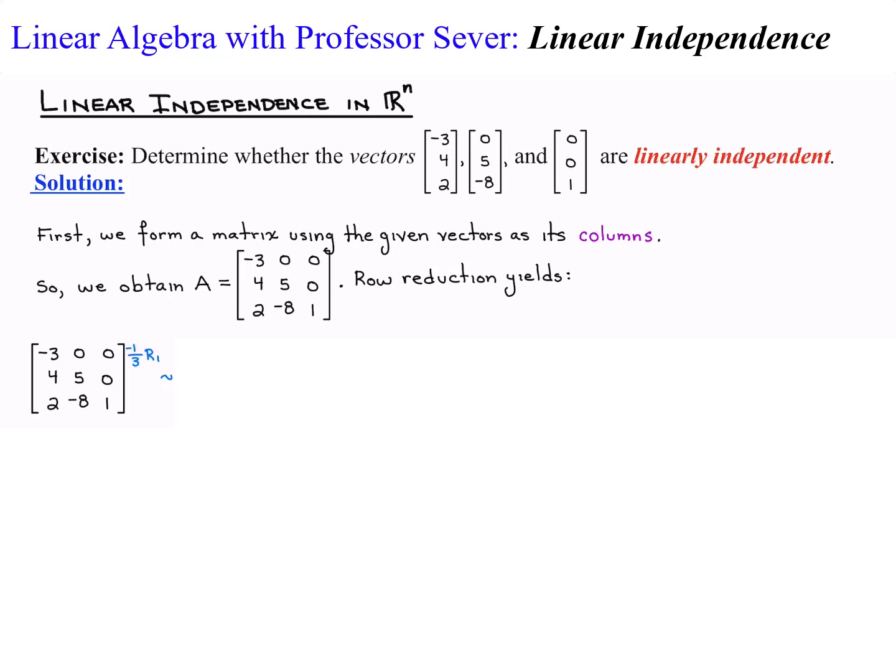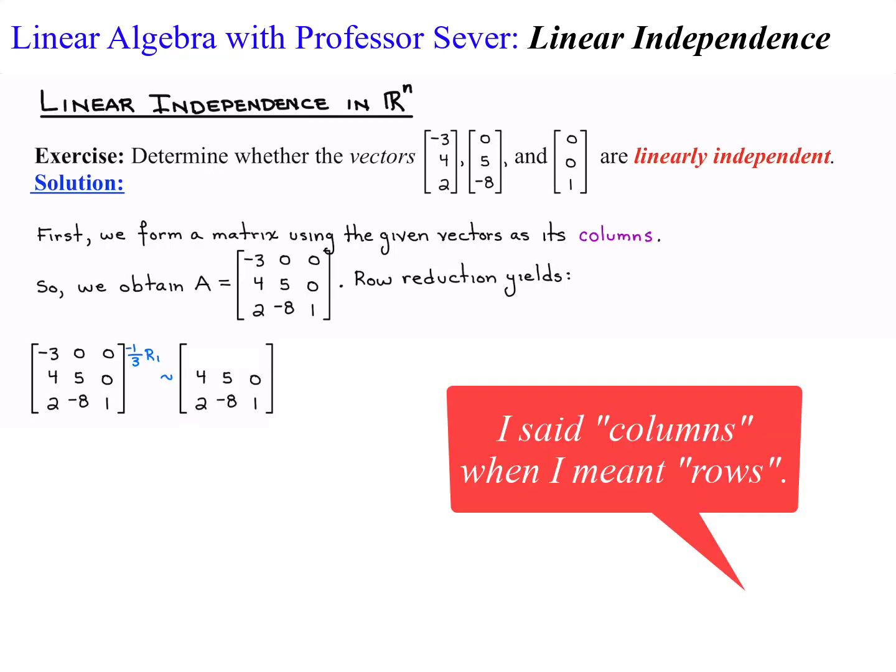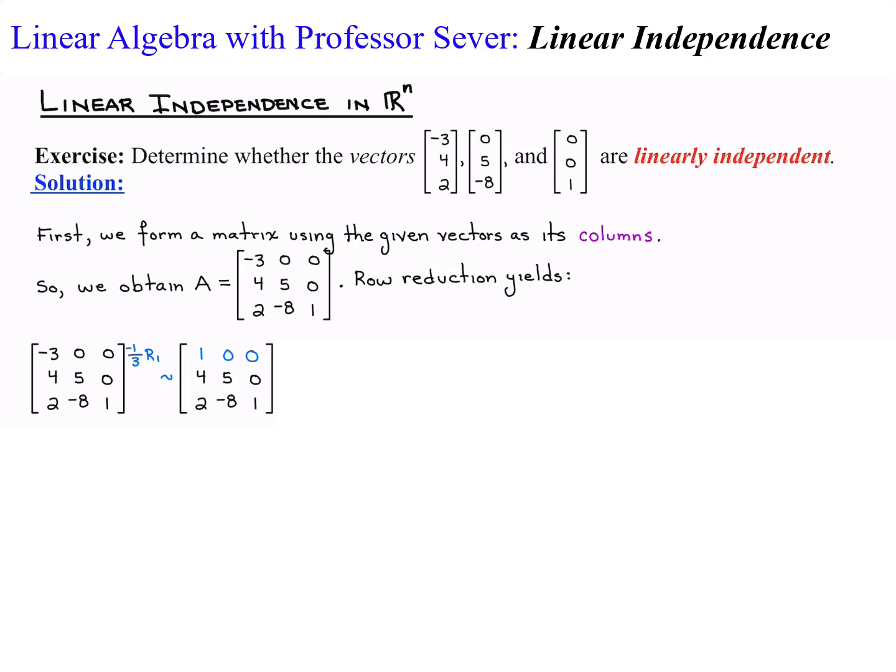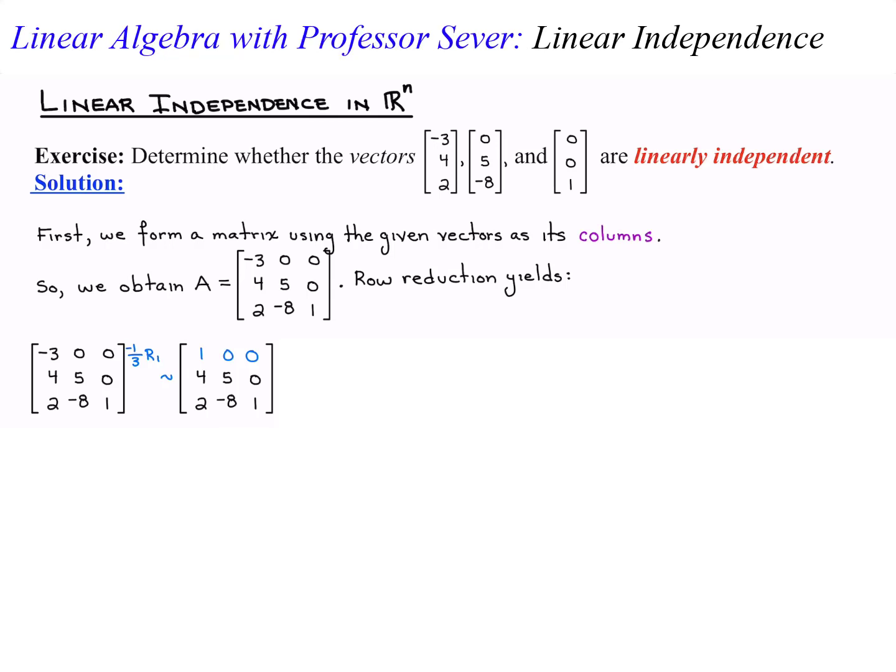And when doing so, the second and third columns remain the same, and the first column then becomes 1, 0, 0, because negative 1/3 times 0 is 0, and of course negative 1/3 times negative 1 is 1. So now we have a 1 in the upper left corner of the matrix, namely in the 1, 1 entry.